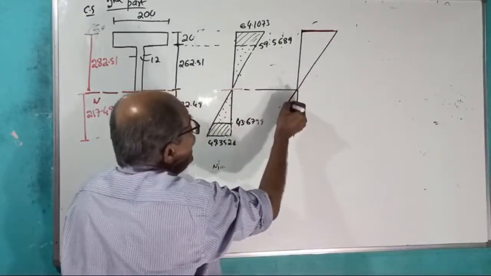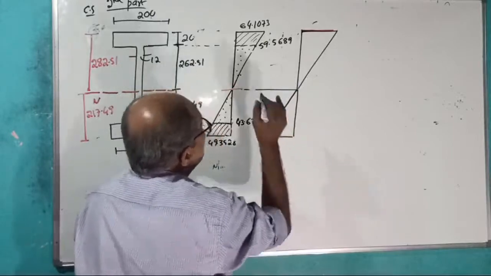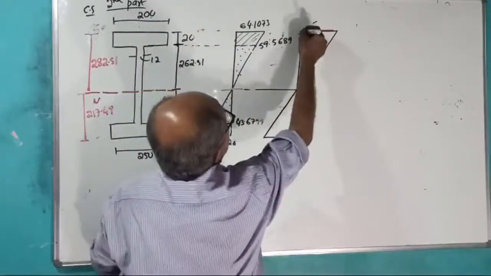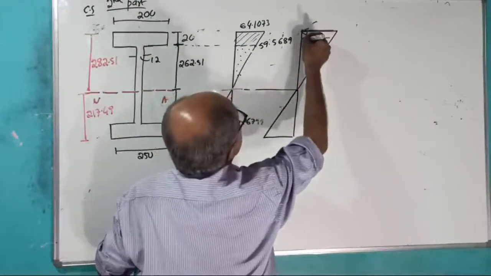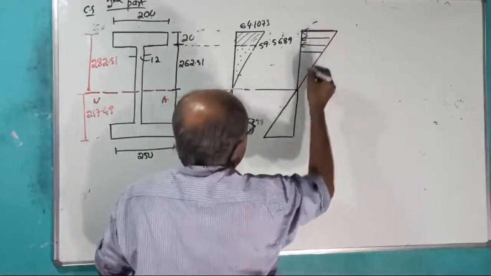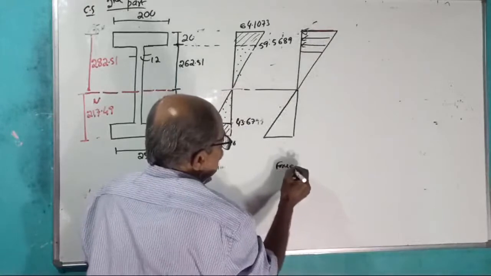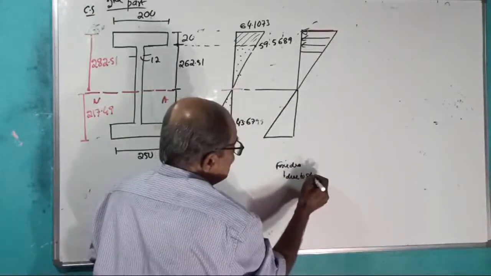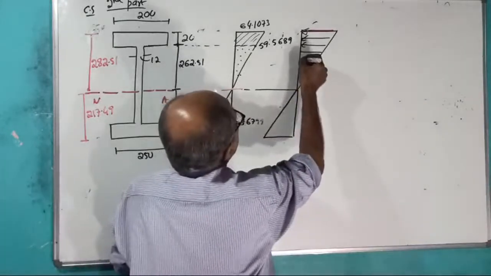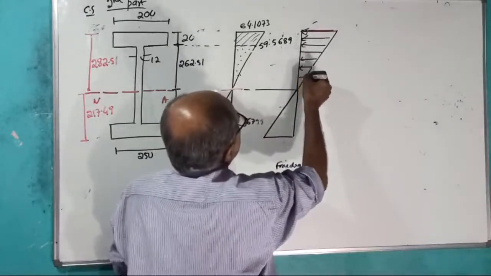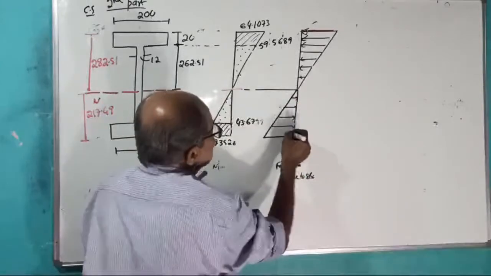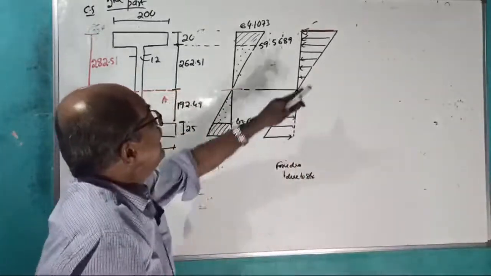So many people write like this; they will tell the upper side is getting compressed. It is a force diagram, force due to stress. They will put the lower side this way. Actually, this is wrong.